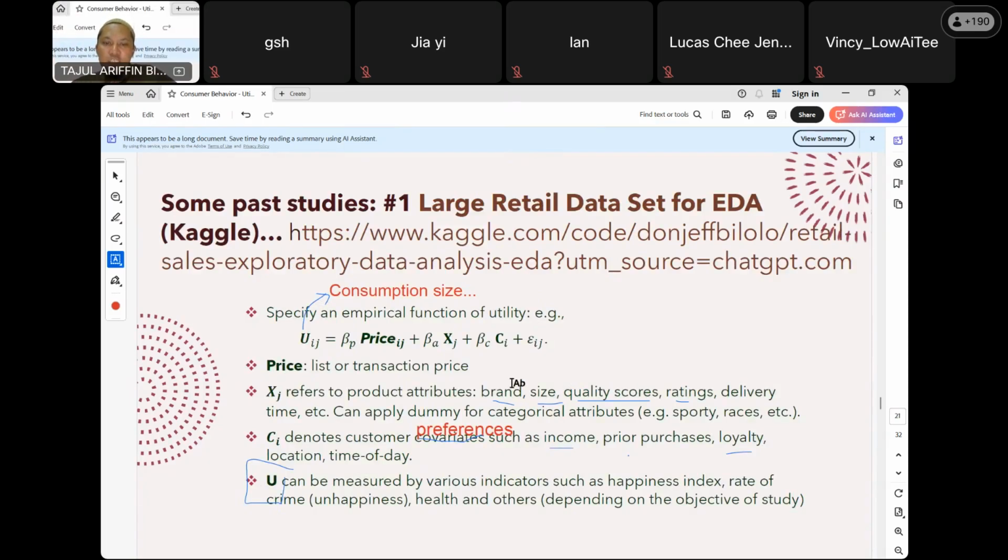Then let's say you want to include brand, size, quality. If they all look positive, you can include them under strength or opportunity. If they are showing kind of weaknesses, then you can put them under weaknesses or threat. As simple as that.